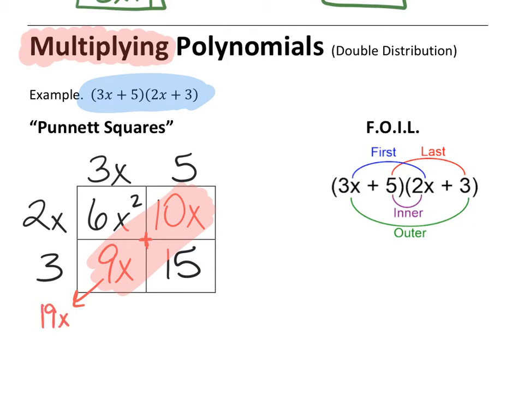19x. Now, to finish answering our polynomial, the product of them is taking the corner pieces that I didn't highlight and the combined like term and writing them in a single expression. This would be 6x squared plus 19x plus 15.